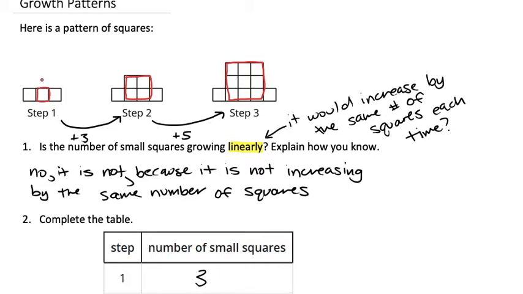So this first one has a side length of 1, the second step has a square with a side length of 2, and the third one has a square with a side length of 3. Then what you're doing is adding these two small squares in the corners at the bottom.